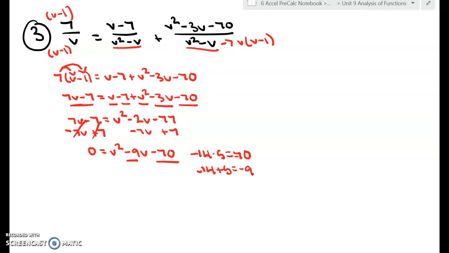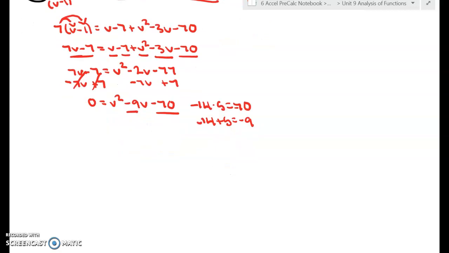It may take you some time to figure that out, because that's not a commonly known, off the top of your head math expression. So now that we know that, this can be factored out to v minus 14 times v plus 5 equals 0.